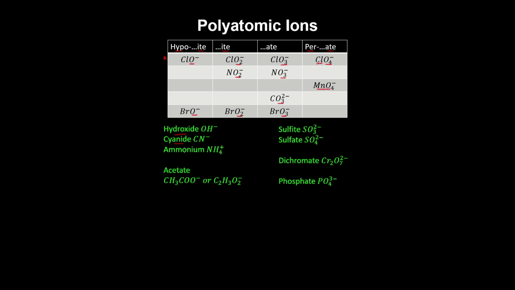So hydroxide, cyanide, and ammonium. And acetate can be written using this formula, which describes how the hydrogen and oxygen atoms are bonded to the carbons, or the molecular formula.